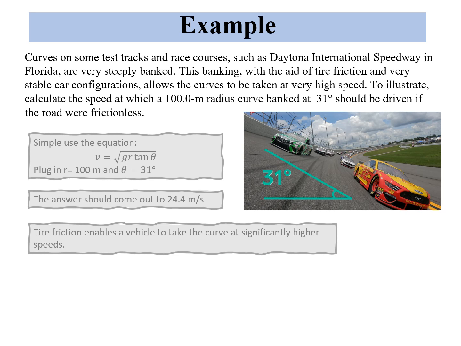Plugging in the numbers, you should get an answer of 24.4 meters per second. Now, if there was friction, that friction would enable a vehicle to take the curve at a significantly higher speed. That 24.4 meters per second is about 165 kilometers per hour or 103 miles per hour. So with friction, they can make that turn at an even higher speed.